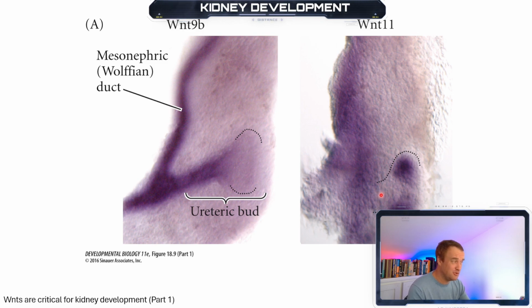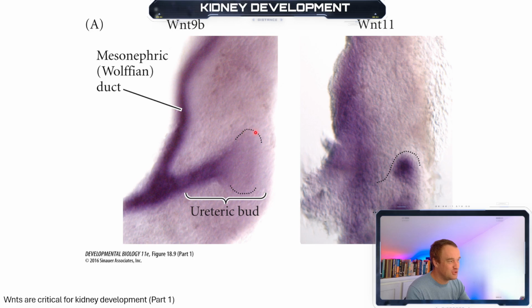That WNT11 will then partition the metanephric mesoderm and induce branching in this bud. So you can see that WNT9B is doing this branching here.